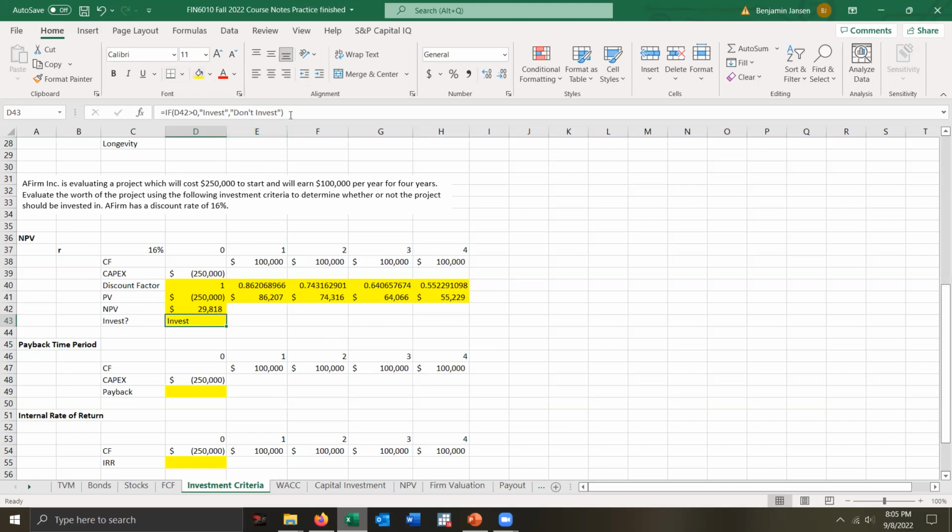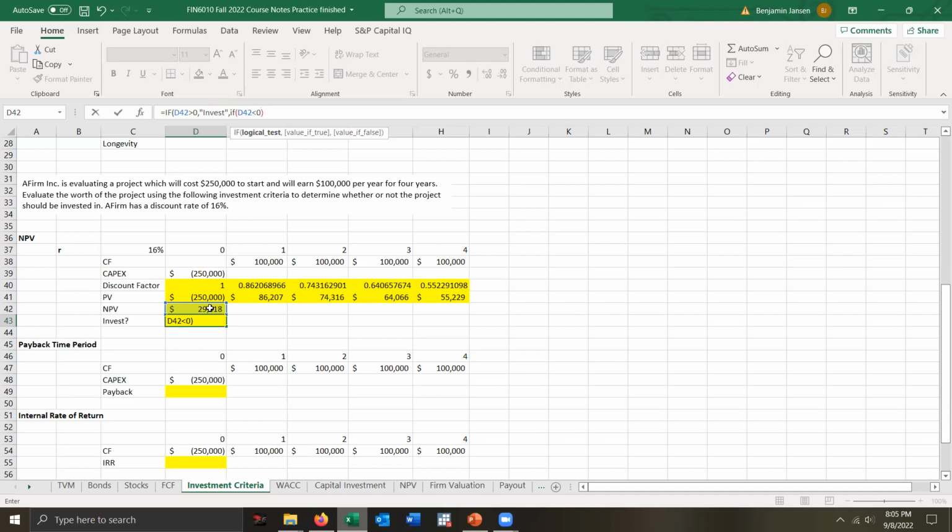We're going to expand this if statement into what's called a nested if statement. Basically, it starts out the same with our logical test. If our NPV is greater than 0, invest. If false, this is where we get our nest. We get another if statement in there. But now from here, it works out the same. The only difference is we remember what conditions we're dealing with.